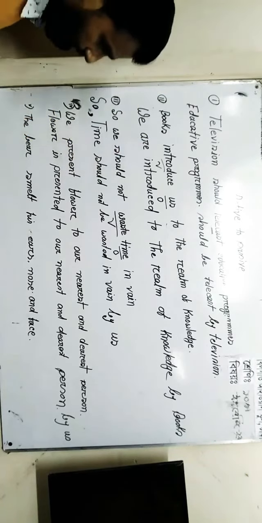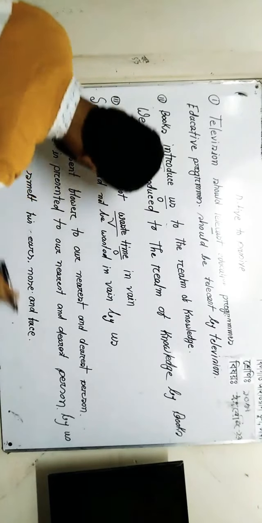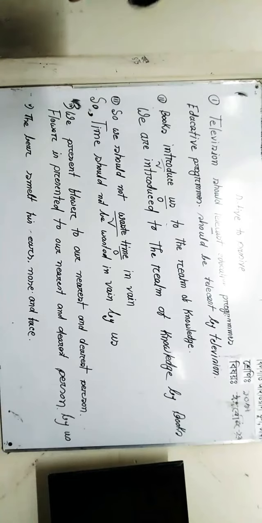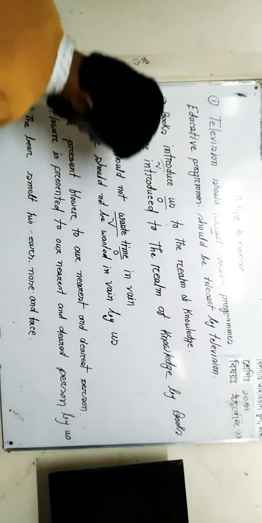Let's go to the next example. Look at this sentence: "The bear smelt his ears, nose, and face." Now we have to find out the verb, because if we don't find the verb, we cannot solve this voice. So which is the verb?